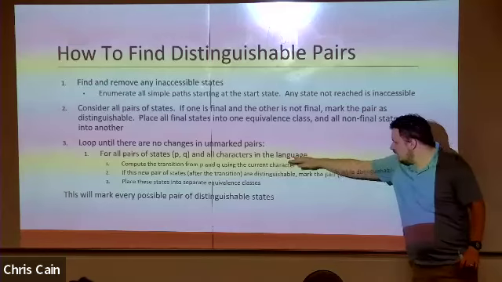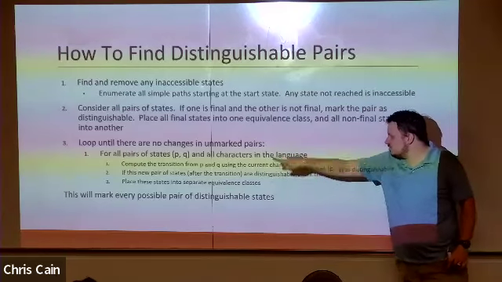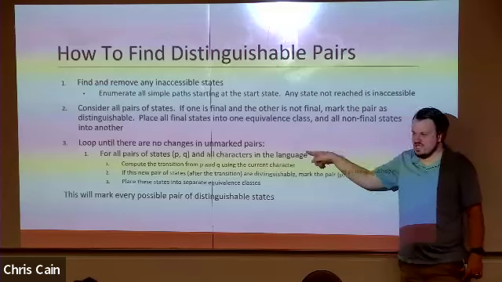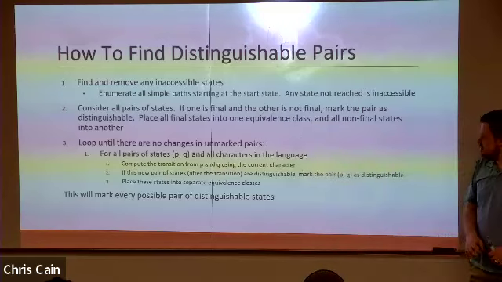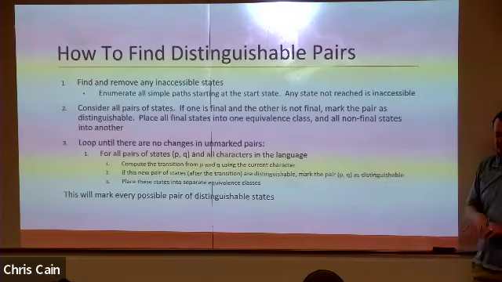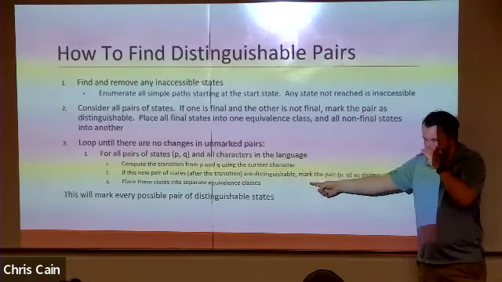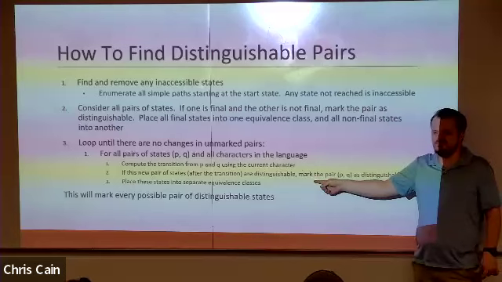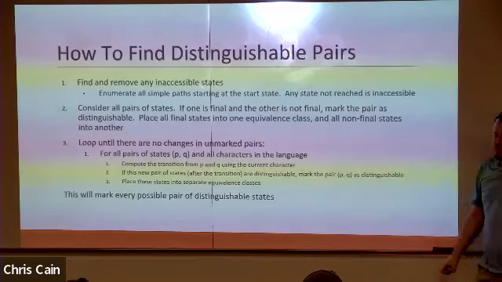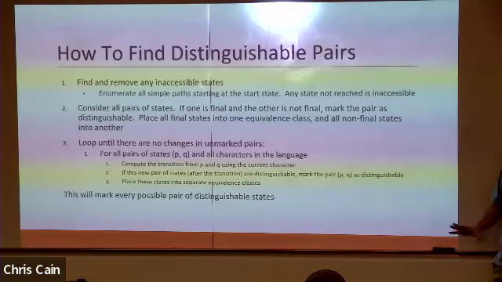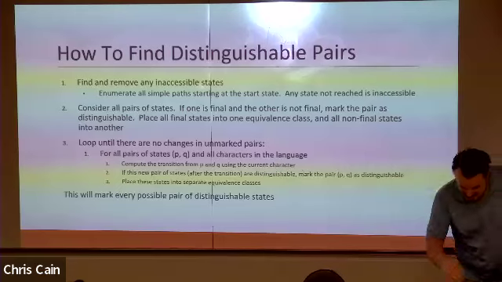So we'll do this once, and then we're gonna loop around and do it again, and loop around and do it again until we do not place any 2 states in separate equivalence classes. If we go through this logic and do no real work, we make no changes to the distinguishability, then we terminate, we are done. We have found the equivalence classes.